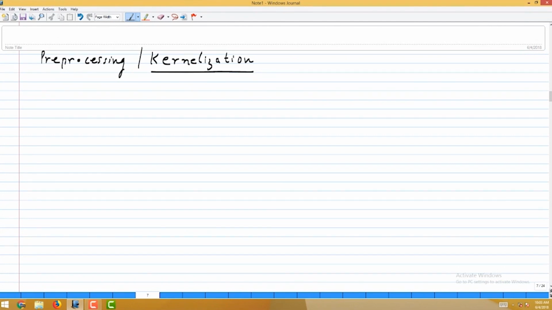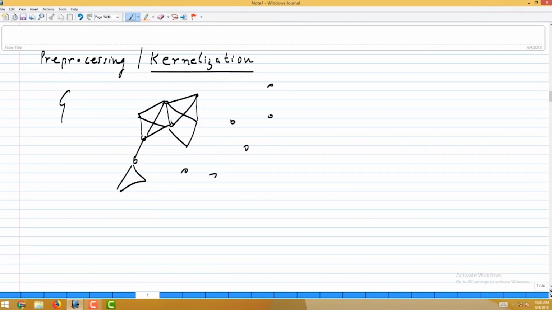For example, if you have a vertex cover problem, I give you as input a graph G, and that graph G has a lot of isolated vertices. So I have given you a graph G. Of course, the graph G could be any complex graph, but in addition to it, it has a lot of isolated vertices.